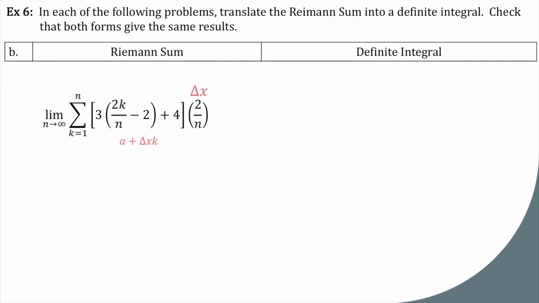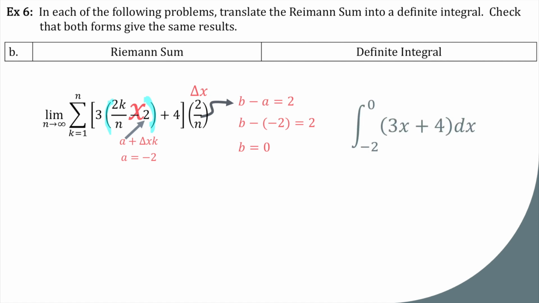So there's my delta x, my a plus delta x k is in the parentheses there, which means my a is -2. To find b, I've got b minus a equals 2. So b equals 0. So we're going from -2 to 0, 3x plus 4 dx.